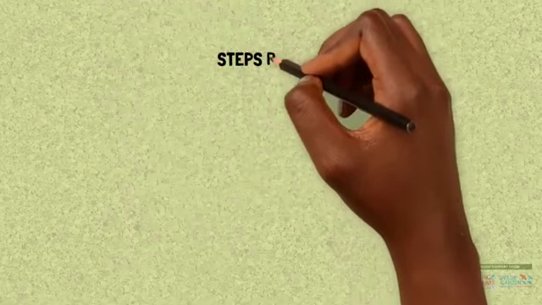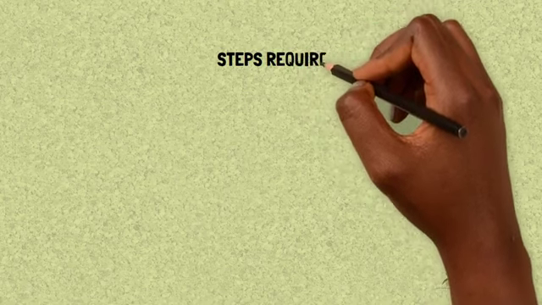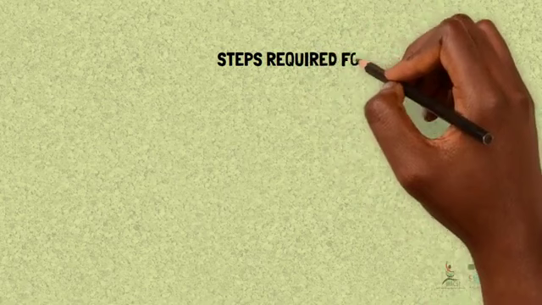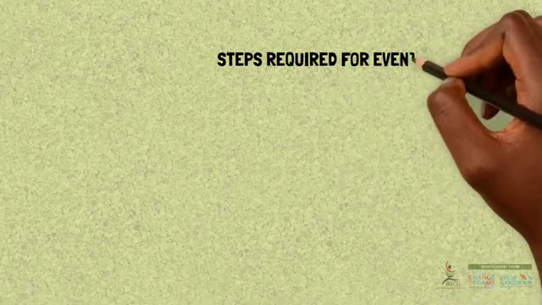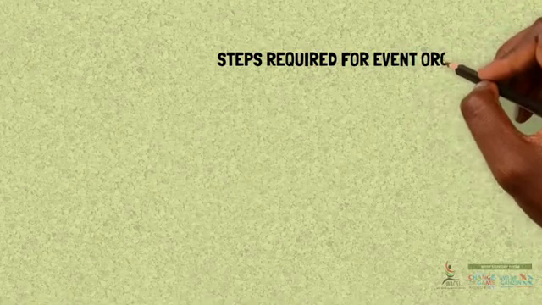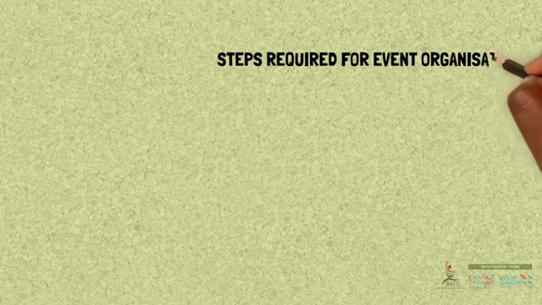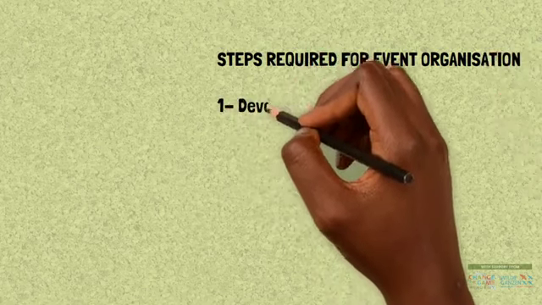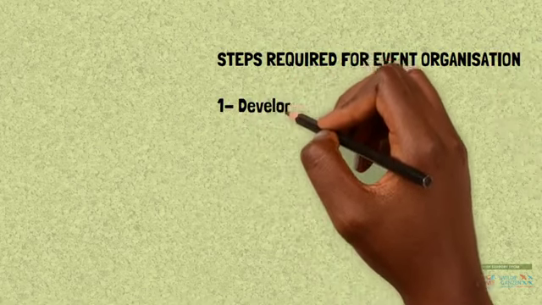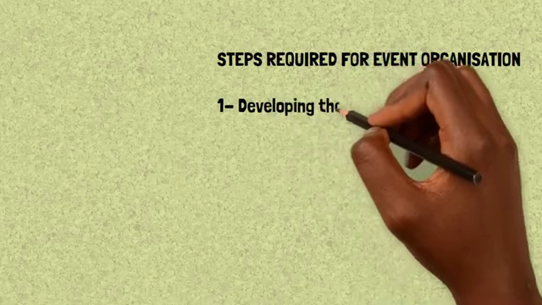Some of the steps required for event organization include, first of all, developing the concept. What is the initiative that your organization has in terms of organizing events? How can you package that expertise within the organization so that it becomes a sellable product?